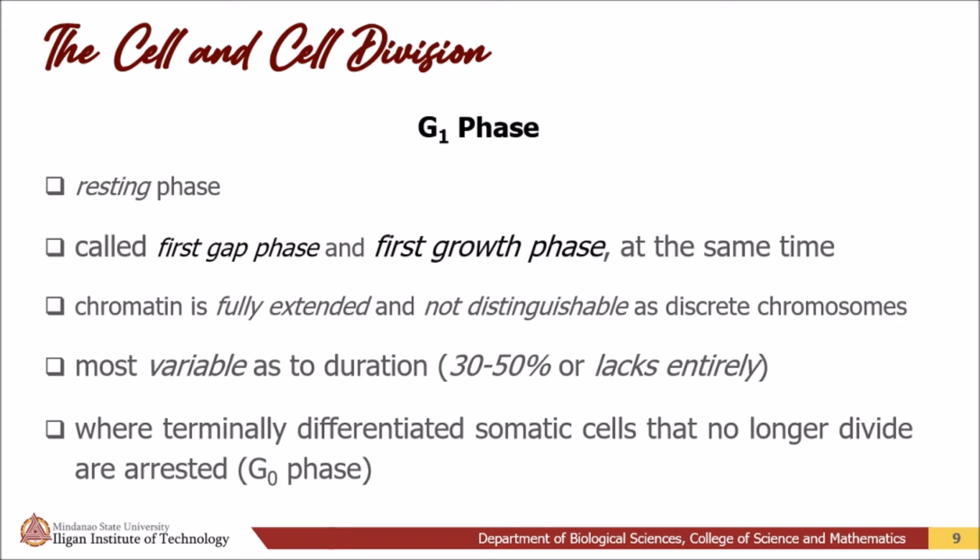Depending on a cell's preparedness to continue in the cycle, G0 can last days, weeks, or even years. When the cell has reached an appropriate size and is in a supportive environment for DNA replication, it will exit either G1 or G0 and enter the next phase of interphase called S phase.